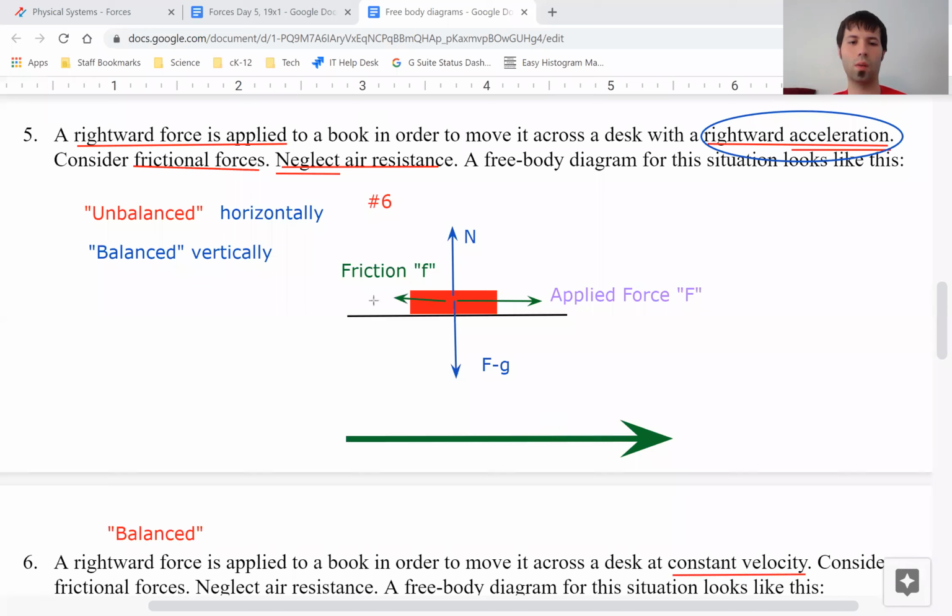The arrow would be going to the left and it would completely balance. So we would keep the lengths of these two lines equal.